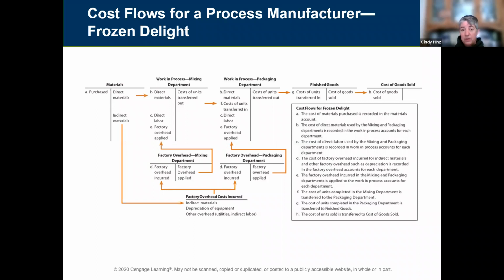The first step I said was the mixing department. And in the mixing department, absolutely, we're adding direct materials. We're also incurring some direct labor costs because we have people there assisting with that process. They're probably not mixing it up by hand. They're probably using equipment.